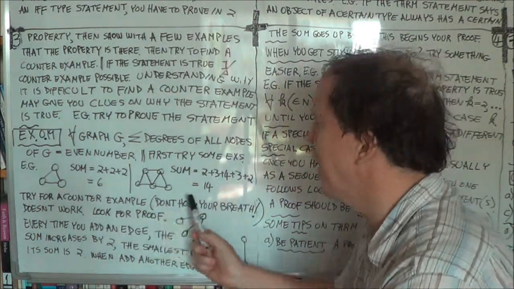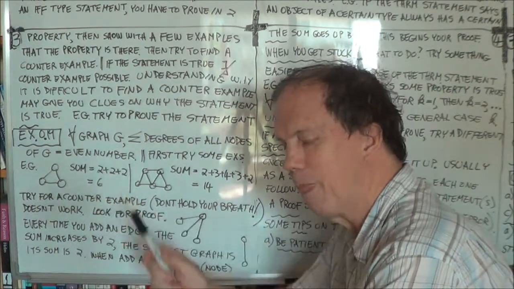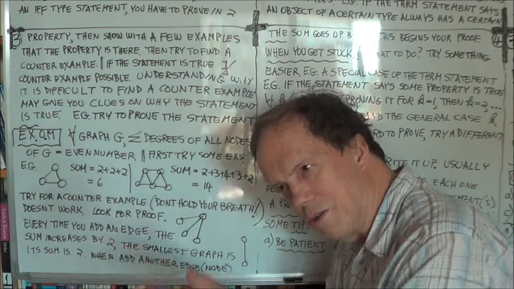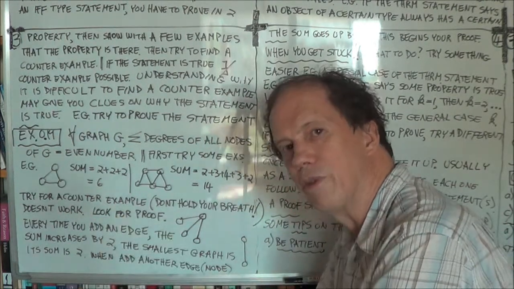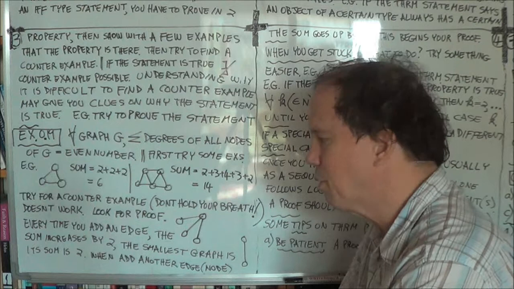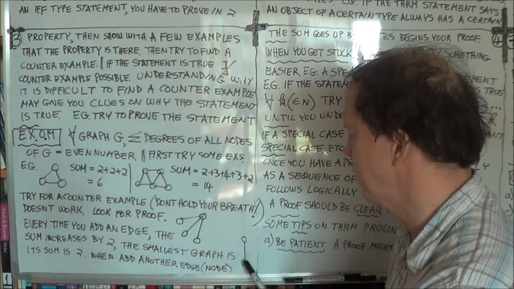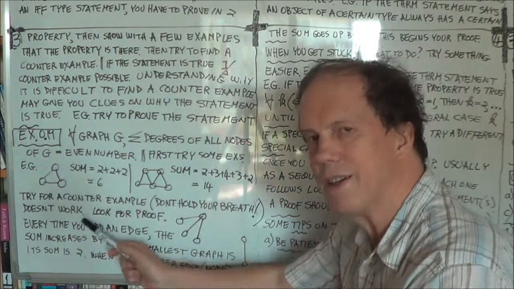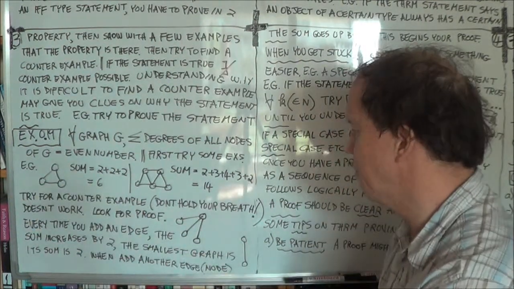So now you sort of abandon, let's say you've abandoned the hope of trying to find a counterexample. So now you switch direction. You say, well, let's try for a proof, actually proving that it's true. So here's the beginnings of an idea, an approach to proving it.